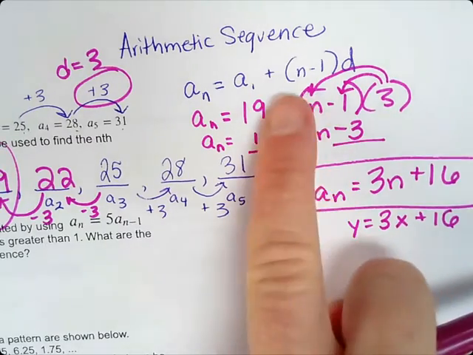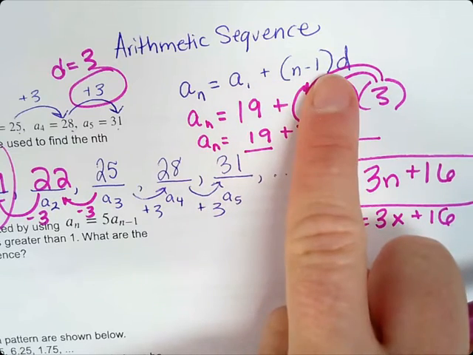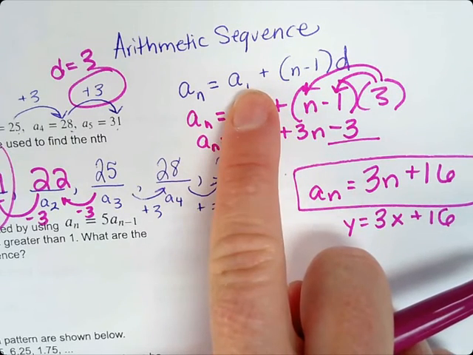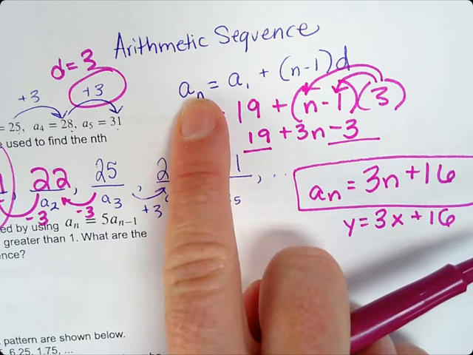In the formula, this n minus 1 is at the regular level. It's not a subscript. It's not a superscript. This 1 is a subscript, and this n is a subscript. They represent terms of the sequence.